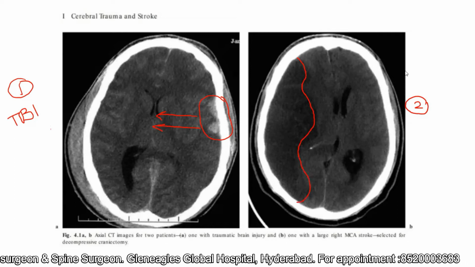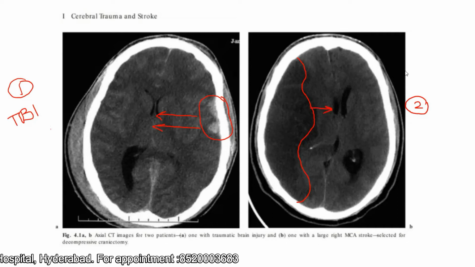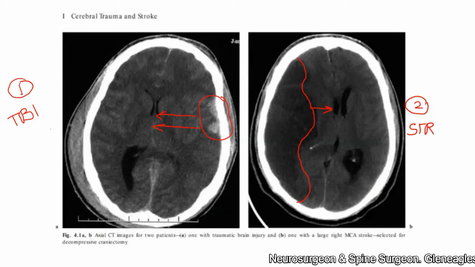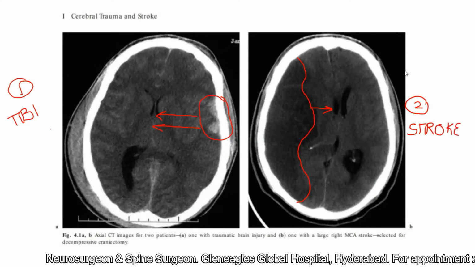This is causing a midline shift to the opposite side by more than 5 mm. So these are the two classical indications. One is traumatic brain injury. Other thing is a stroke, either ischemic or a hemorrhagic stroke. So these are our two classical indications for decompressive craniectomy.